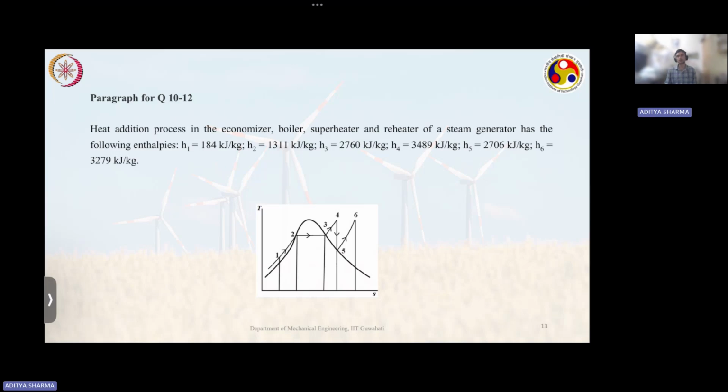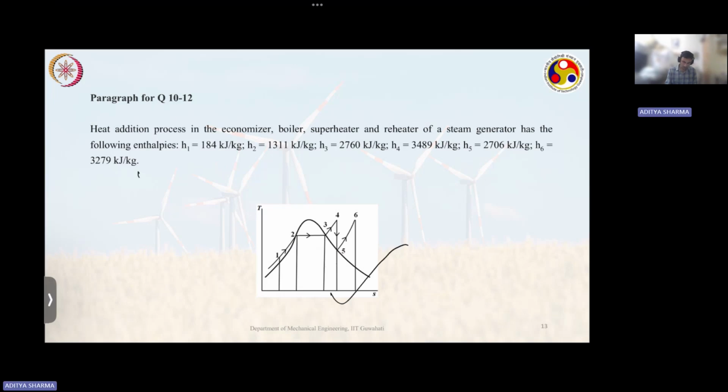Then moving on to the next set of questions. We have 3 questions based on this information that is given. We have been given a graph and the related enthalpies also have been given.